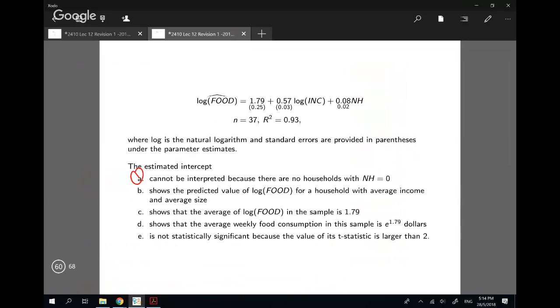Either in the context of the variable using common sense, or you can use the sample itself, the data. You can use the median or the mean or the minimum or the maximum of your sample, right? For example, if they say income, when income is 0, this is the value of the y variable, whatever it is.